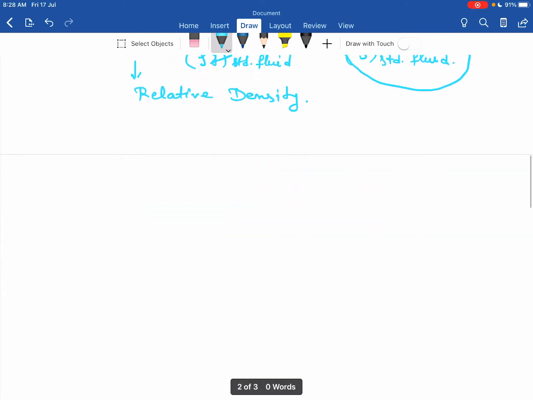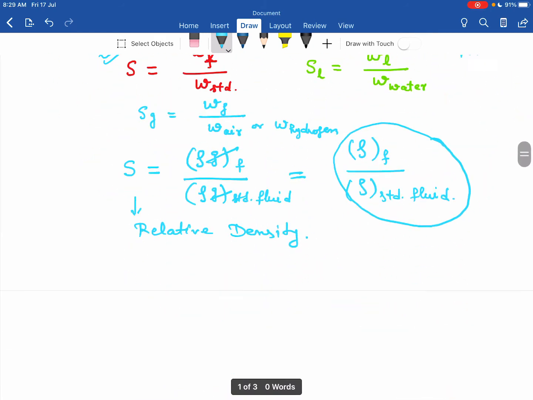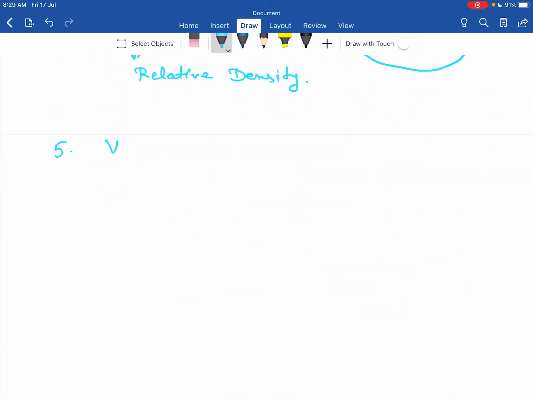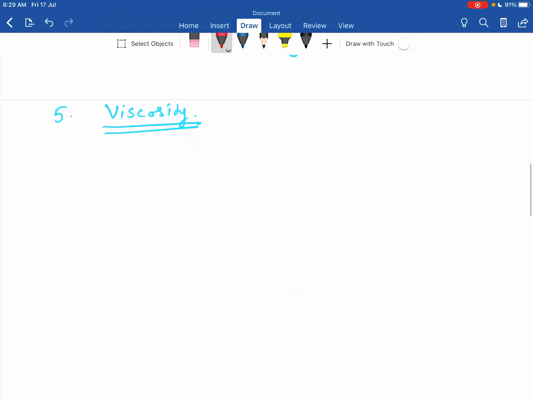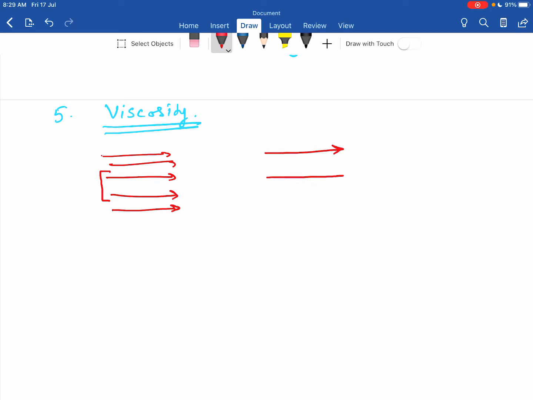Then another important property of fluid, the fifth one, is viscosity. Let us say we have a flowing liquid. That liquid is flowing in layers. If we talk about two successive layers, this is one layer, this is the second layer.